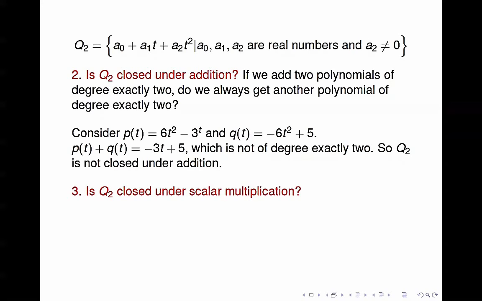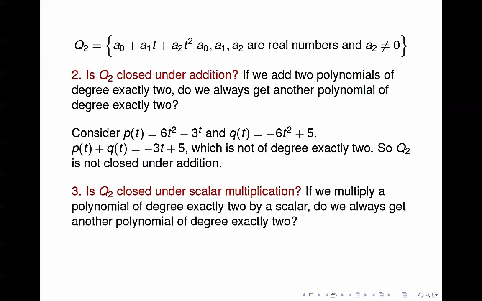What about scalar multiplication? If we multiply a polynomial of degree exactly 2 by a scalar, do we always get another polynomial of degree exactly 2? So think about that. You start off with any polynomial that's degree exactly 2, and you multiply it by any scalar.